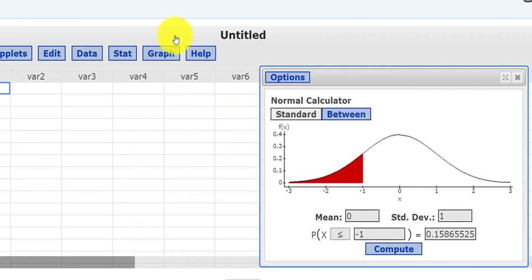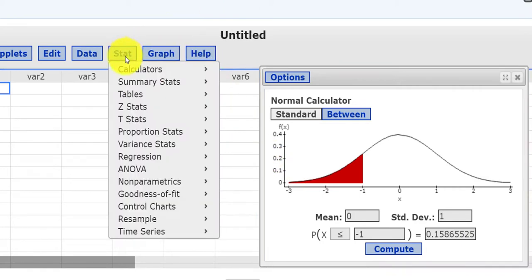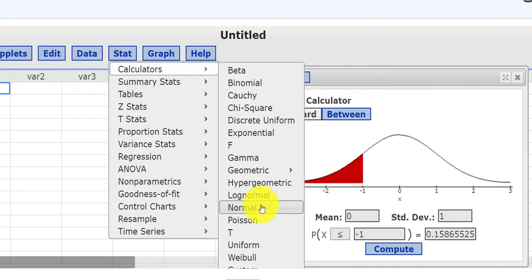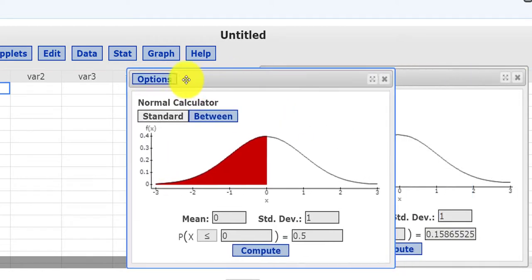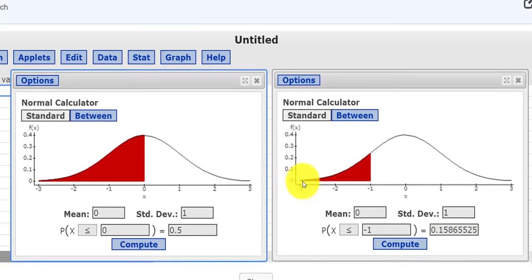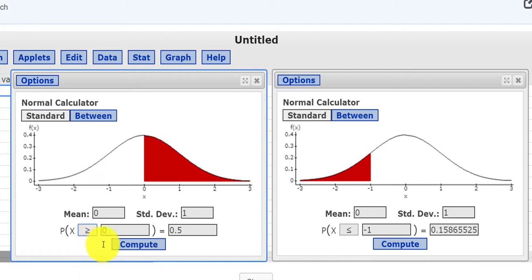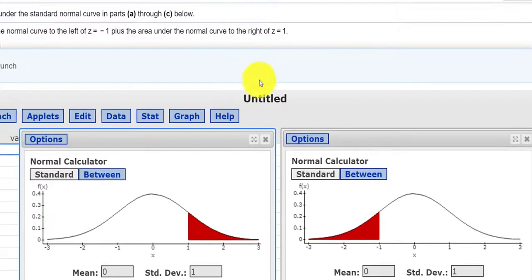Let me show you what a second calculator looks like. Stat, calculator, normal. This time, I'm going to go to the right of 1. And then I'll press compute. There we go. Notice I have the same area, 0.158. So I have to add these together. Again, let's just look at the question.